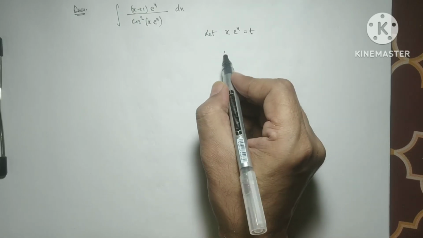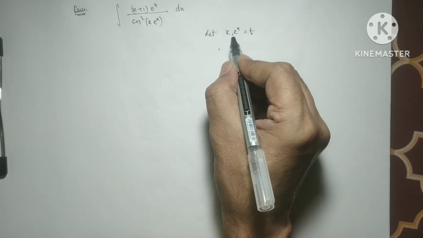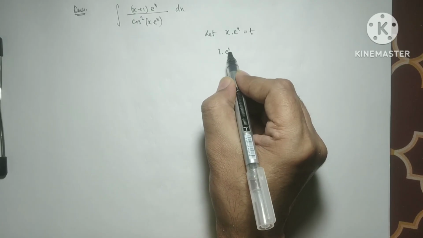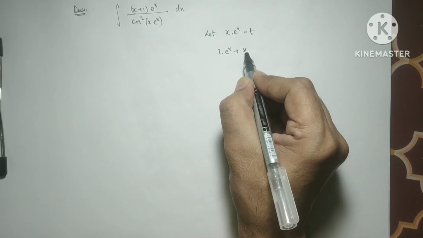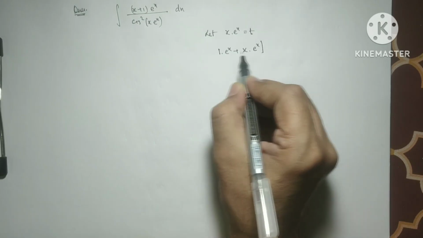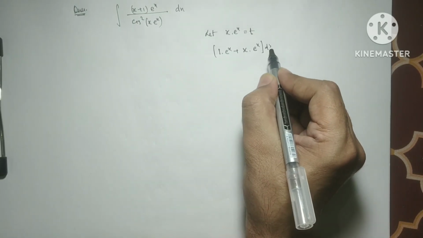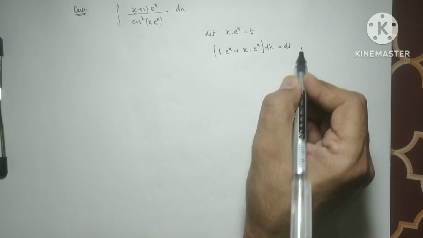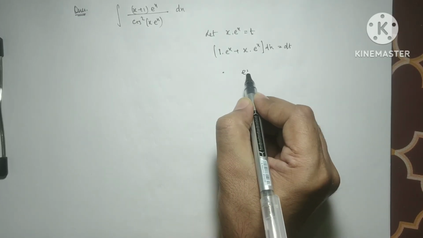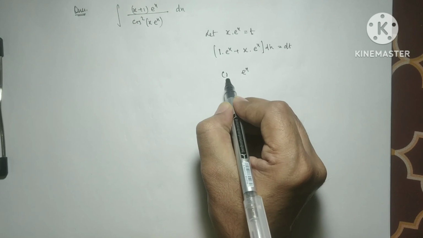Now on differentiation we use the product formula. Differentiation of x is 1, e to the power x as it is, plus x as it is, the differentiation of e to the power x is again e to the power x, dx equals dt. So on taking e to the power x as common, we get x plus 1.